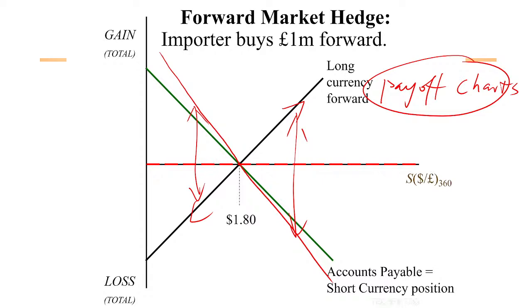And forward contracts are the most used in the foreign exchange market to hedge the payables, because you just get rid of the risk essentially, and also you can customize the contract as well.